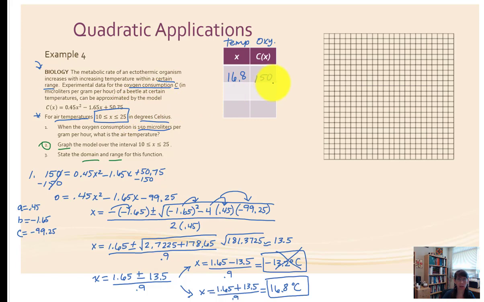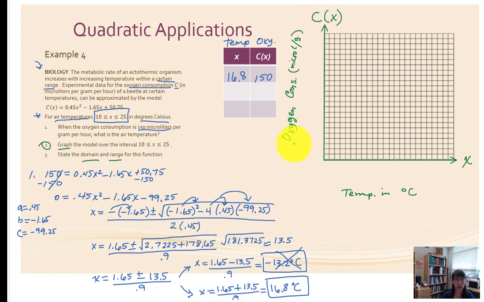And oxygen consumption could not be negative either. So we'll use just the edges of our graph. Input X was temperature in degrees Celsius, and oxygen consumption is going to be our other axis. And the oxygen consumption was measured in microliters per gram.